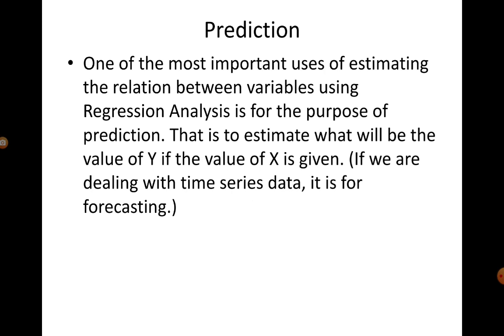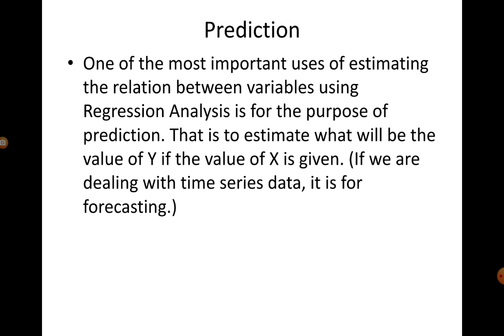Our regression analysis will be most efficient or most apt when the SRF is as close as possible to the PRF. And the criteria for ensuring this is the ordinary least squares or the OLS, right? So this is what we have been going through since the beginning of these econometrics lectures.